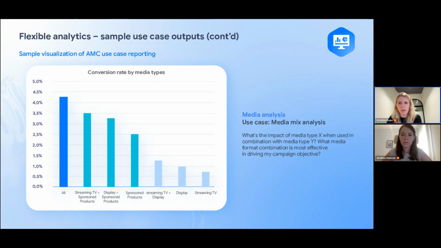Instead of looking at each medium separately, AMC lets us see how combinations like display and sponsored products or streaming TV and sponsored products influence the conversion rate.